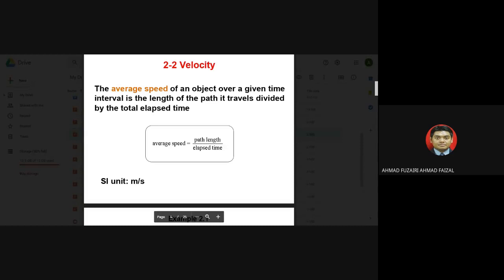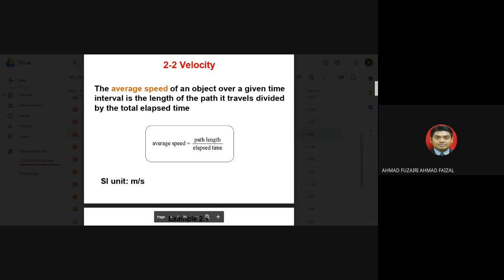But there is a narrow margin between them because speed is scalar, and a scalar always depends on distance, while velocity is a vector quantity. For velocity, we need to make sure that the length part is displacement, not distance.